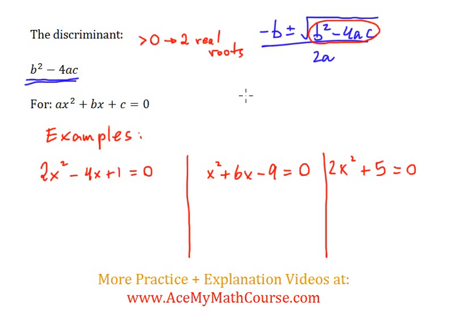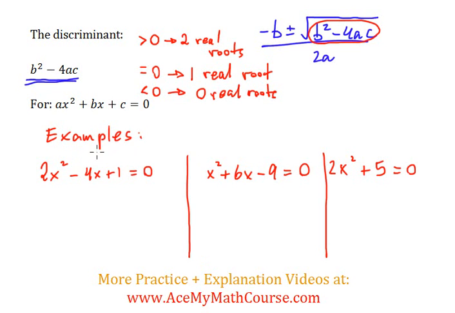Okay? So two solutions, basically. If the discriminant is equal to 0, we have one distinct real root, so just one solution. And if the discriminant is negative, we have 0 real roots and no solution at all for our quadratic equation.